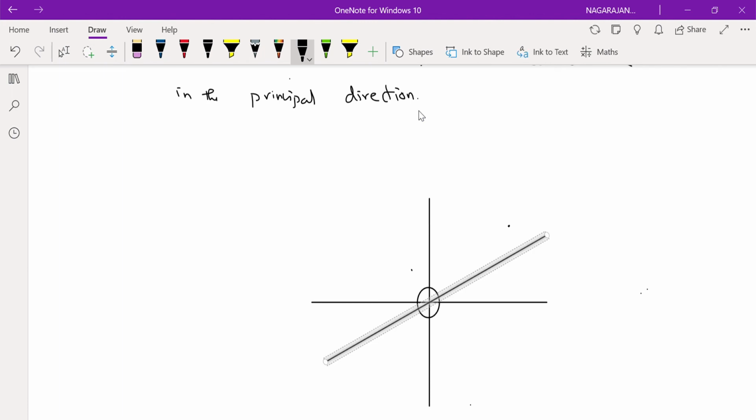These are the principal directions. The first quadrant direction is 45 degrees.